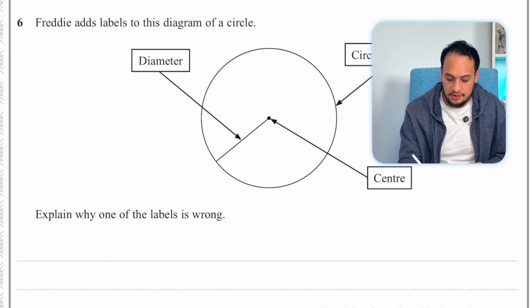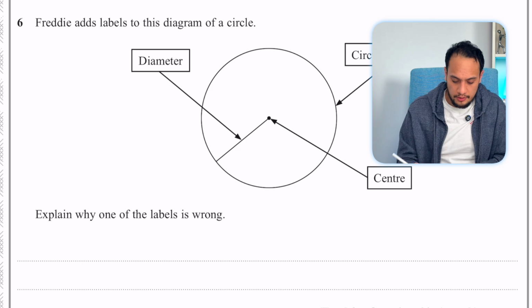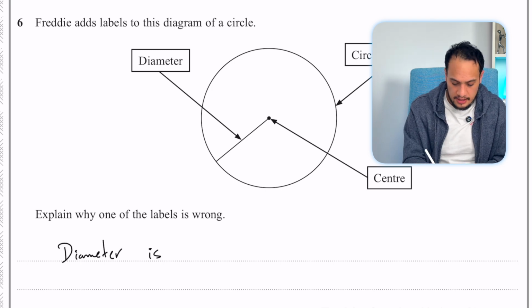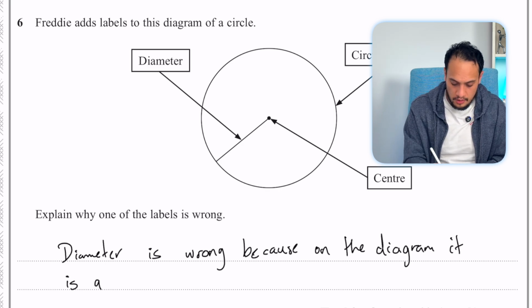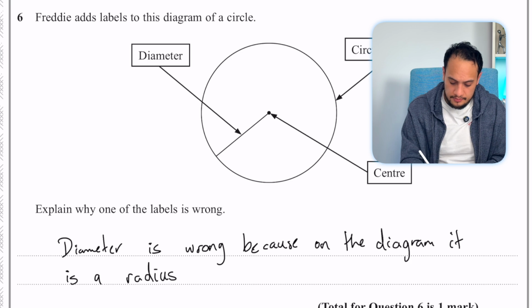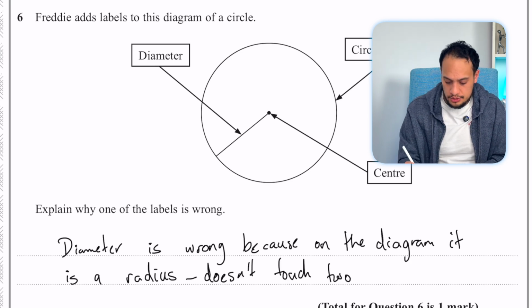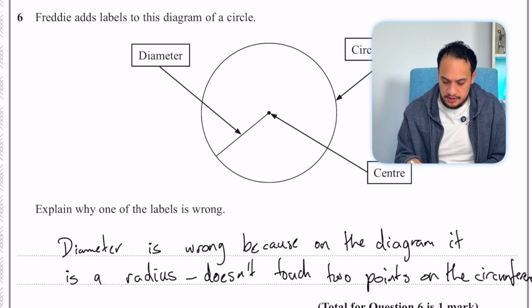And we can see it's not that, it's a radius. So you can say diameter is wrong because on the diagram it is a radius and doesn't touch 2 points on the circumference. Don't have much space there.